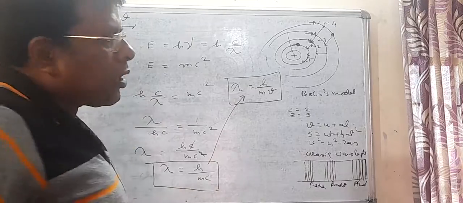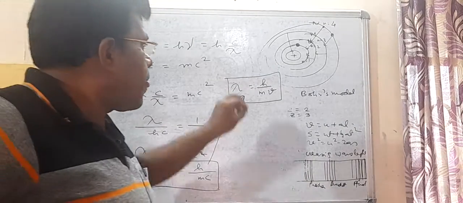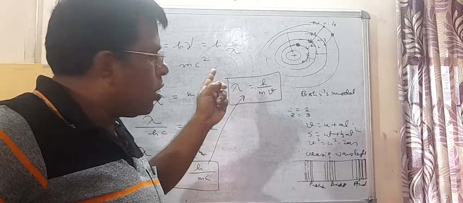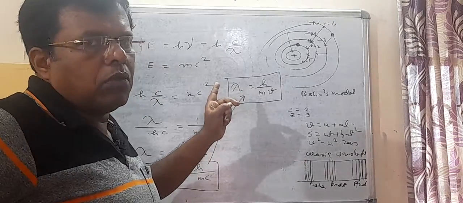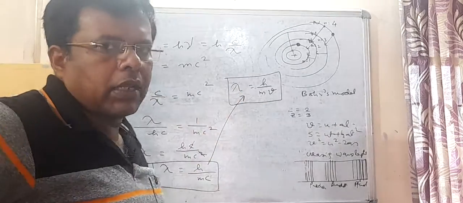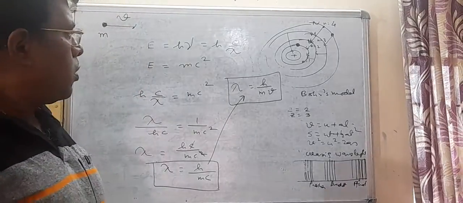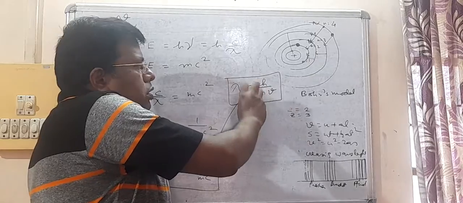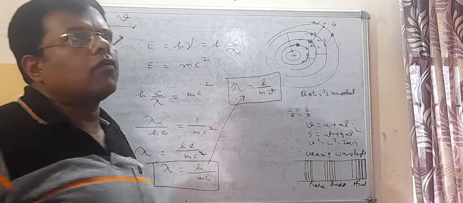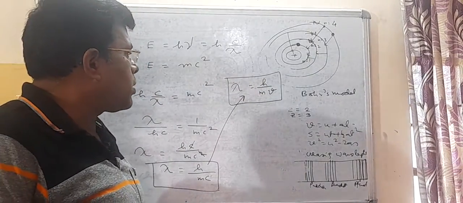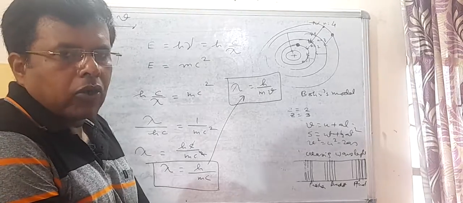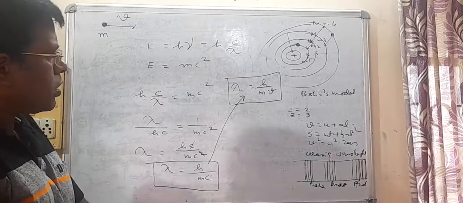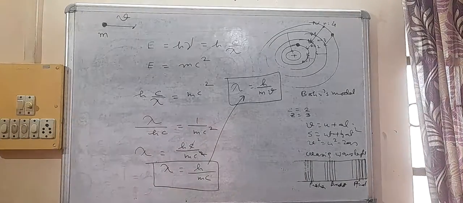But as far as a macroscopic particle is concerned, the m value will be big, so the lambda value will be small. A small lambda value means less wave character. So de Broglie's relation is more significant for microscopic particles than for macroscopic particles. We'll be doing numericals on this later on.